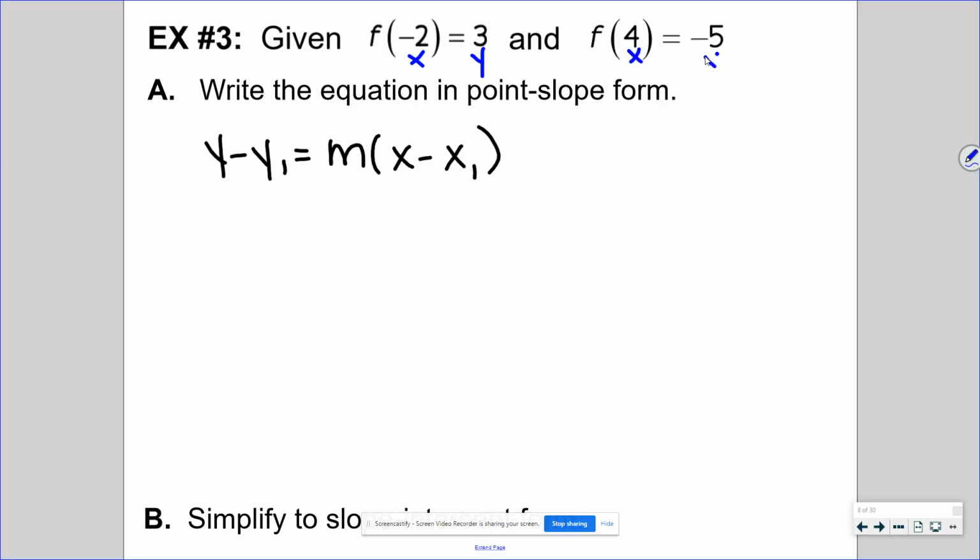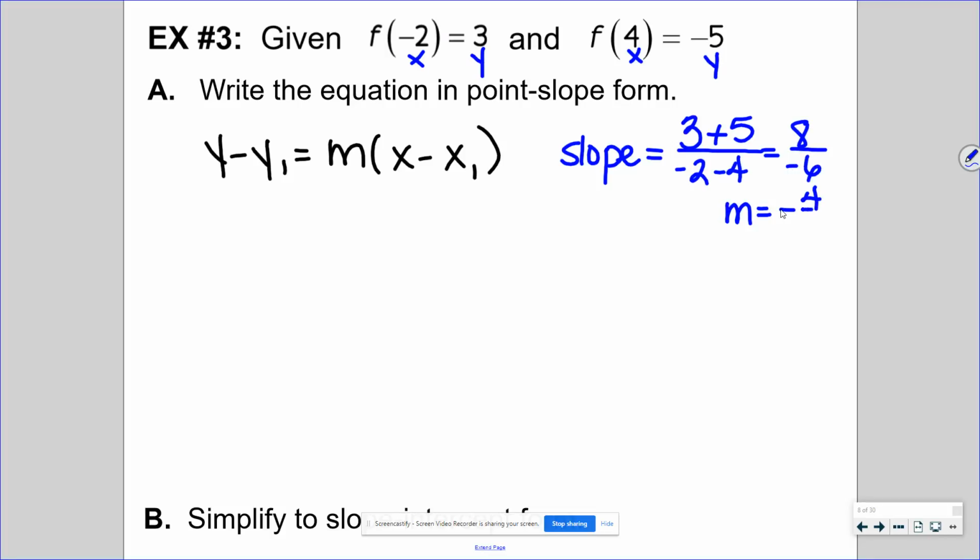So I'm going to start by finding that. So slope is equal to y minus y over x minus x. So in this case, 3 minus negative 5 would be the same as 3 plus 5. And x minus x would be negative 2 minus 4. So in this one, I'm getting 8 over negative 6, which simplifies to negative 4/3. So I have my slope.